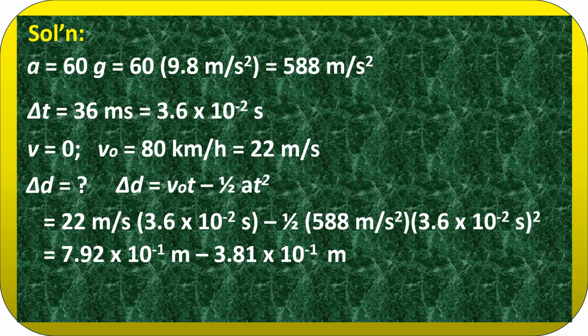And that gives us the value of delta D, which is 4.11 times 10 to the negative 1 meters, which when converted to its normal form is equivalent to 0.41 meters.